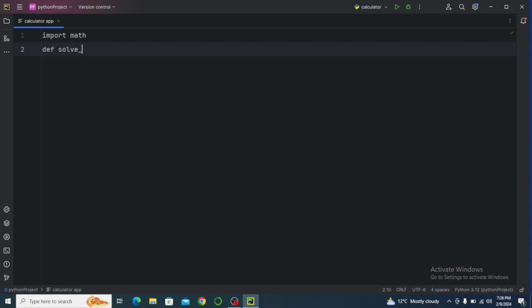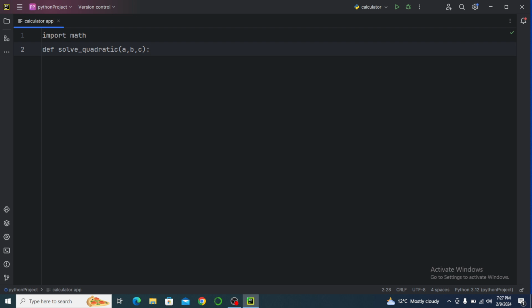Solve quadratic will take the coefficients a, b, and c. Now we have imported the math module and we have defined solve quadratic.